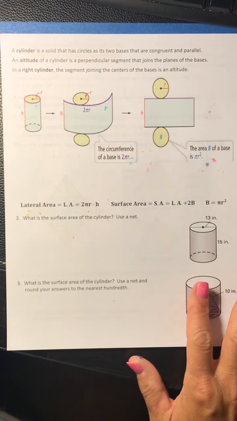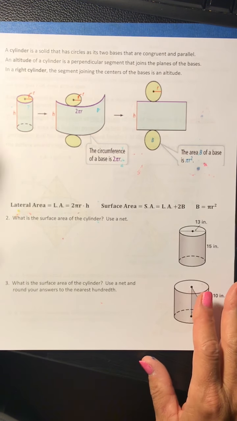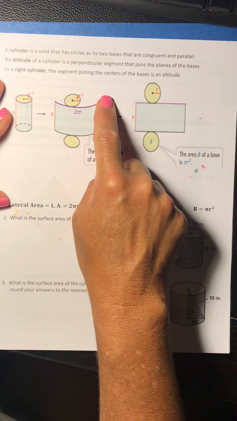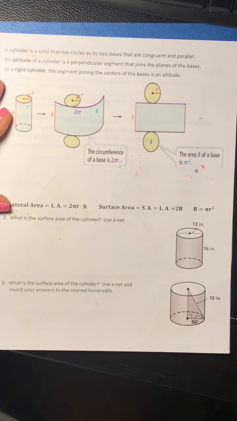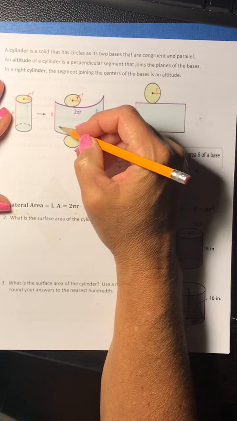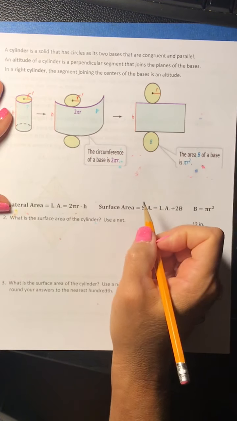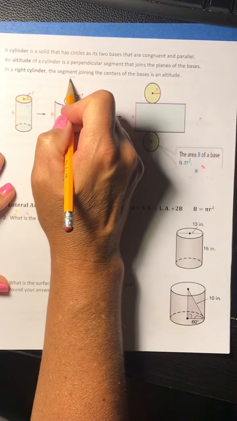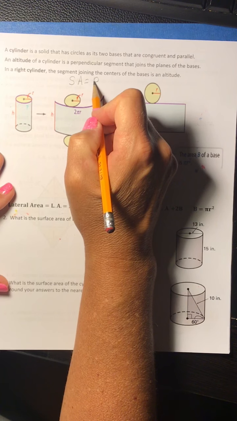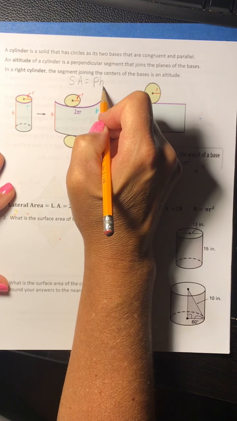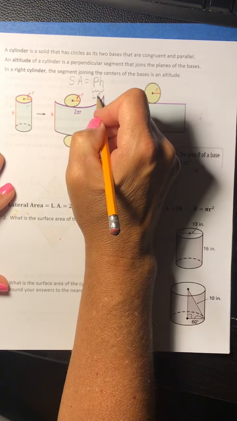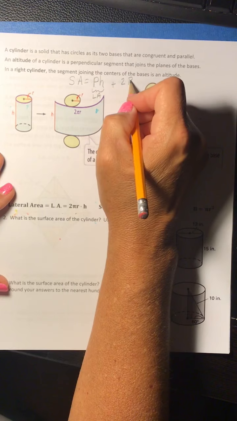And here we go. Here's our cylinder. There is the distance around, the perimeter, which is 2 pi r. And then this height, when we open it up, it's the perimeter times the height. It is still surface area equals perimeter of the base times the height, which gives me my lateral area, plus 2 base areas.